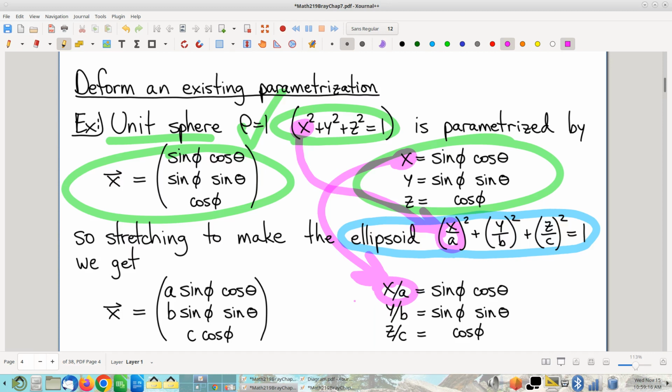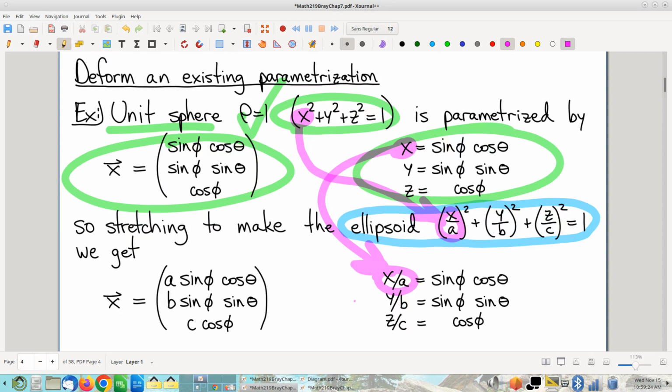Here's a different way to think about it. Perfectly reasonable alternative, and that is to say, I know that what this deformation does is to stretch by a factor of a in the x direction. I know that my x coordinates are literally then going to be increased by a factor of a. So go ahead.